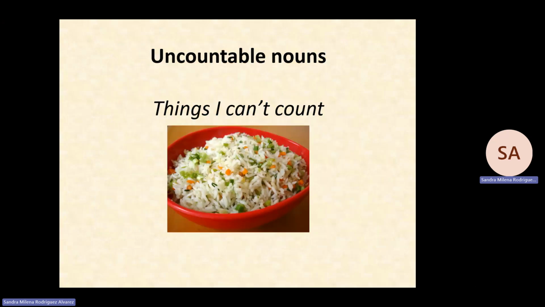Then, uncountable are things that I can't count. I need to measure them in order to know how much I have. For example, I can tell about drinks or liquids. For example, water, soda, beer, milk, juice, wine, and any liquid you remember.